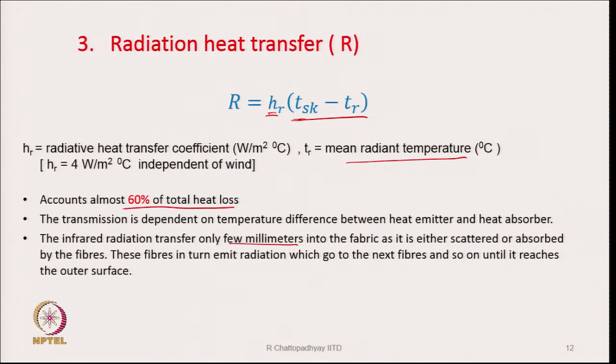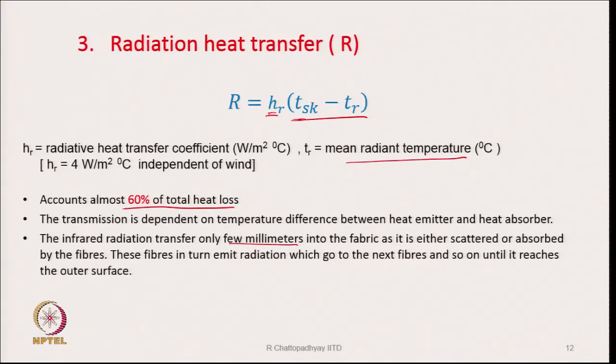So, when you have a clothing layer, there are millions of fibers in the clothing. So, infrared heat radiation transfers only a few millimeters into the fabric, and it is scattered or absorbed by the fiber. These fibers in turn will emit radiation, which will go to the next fiber. So, you can imagine a fabric, whatever is the thickness of it, still contains a large number of fibers in the cross section of the yarn.